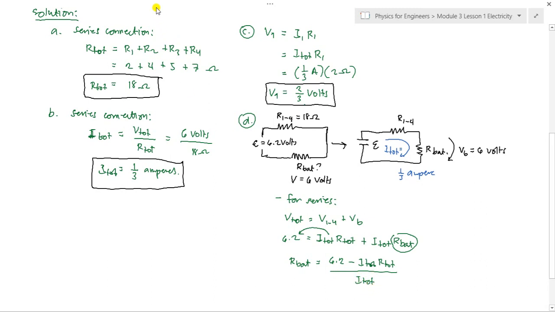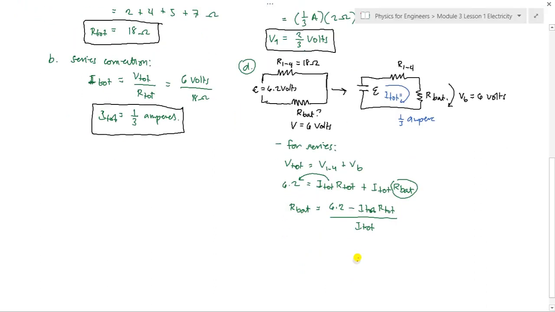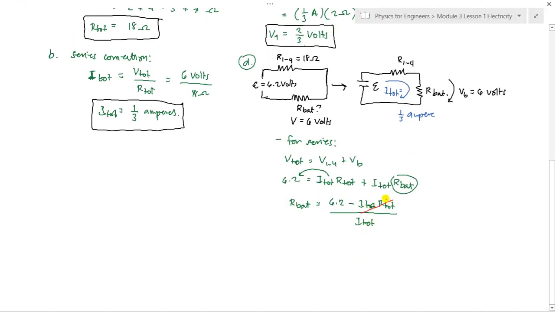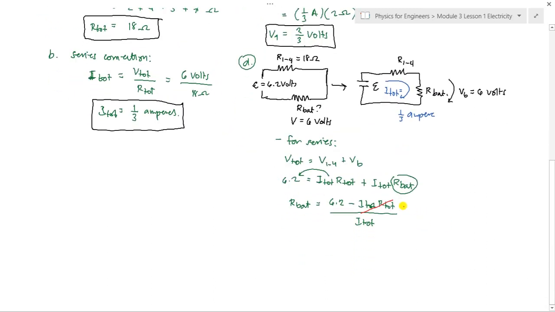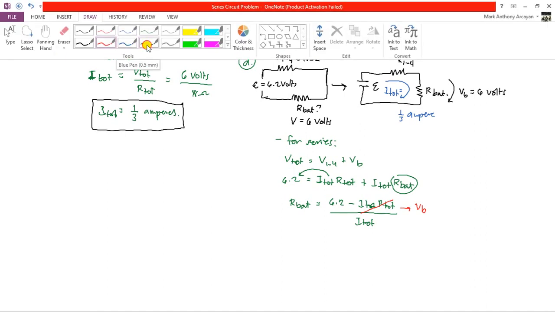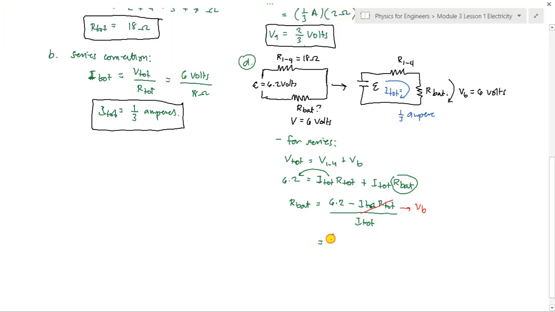Here class, this I total times R total is just equal to the total voltage earlier, that is 6 volts. This is just equal to VB. So therefore, this would now be equal to 6.2 minus 6 volts divided by the total current, 1/3 amps.